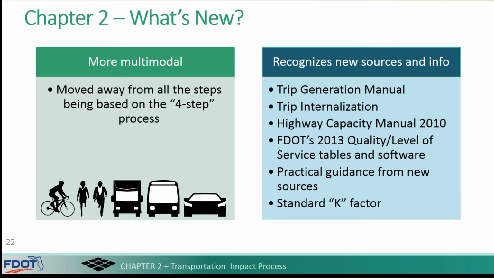We have a brand new LOS handbook, or as of 2013, it's still pretty new, and we have a new feature which has become standard in the process, a peaking factor called K. It's a proportion of the day's traffic, or annual average daily traffic, that makes up the peak hour. We have a standardized version of that now to make it easier.